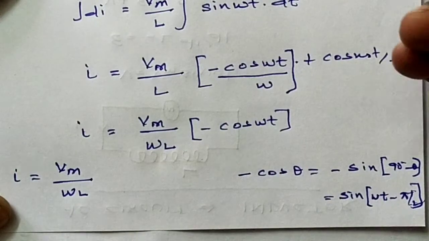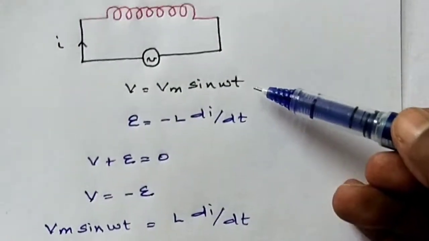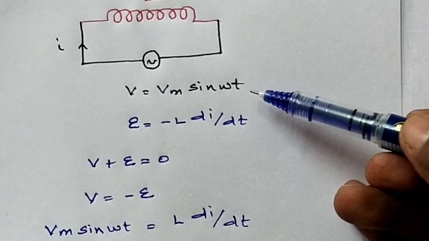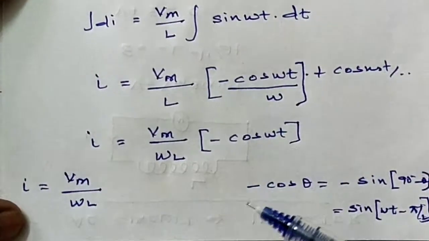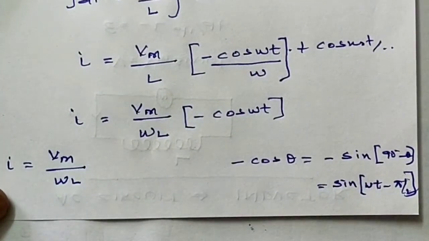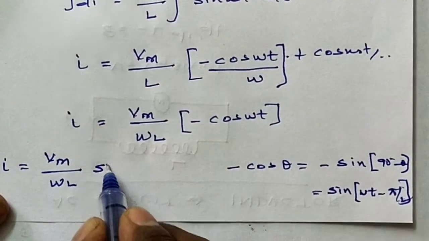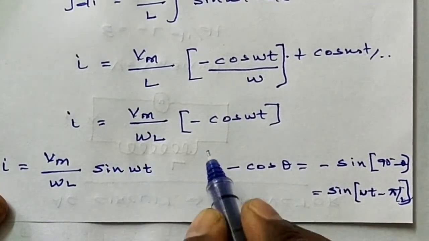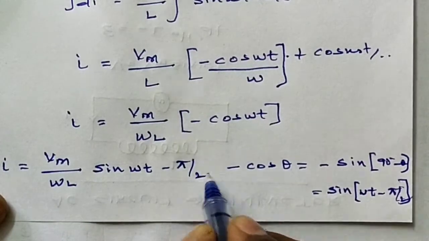To see the phase. The voltage is sin omega t, while cos omega t shows no phase. Changing the sign lets us find the phase: sin of omega t minus pi by 2.